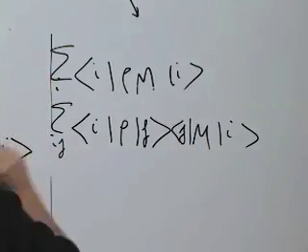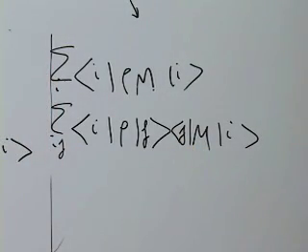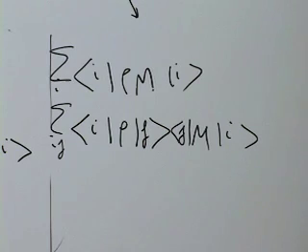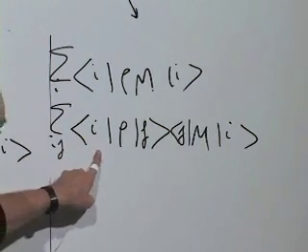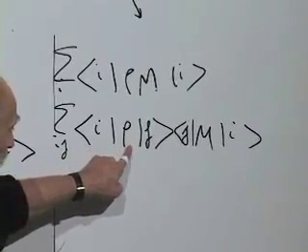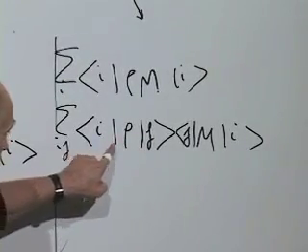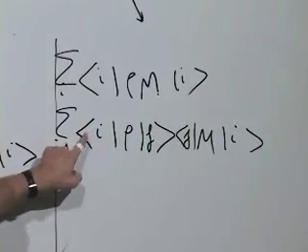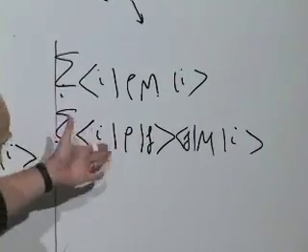And now it's a sum over both i and j. Now, if I'm working in the basis in which rho is diagonal, then I know what the matrix element <i|rho|j> is.